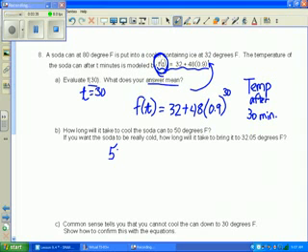Correct. So plug in 50 for your end result, and you got 32 plus 48 times 0.9 to the t. So we're solving for t. You're going to have to use logs to solve that. And I'm not going to finish solving that out for you, but that sets it up.